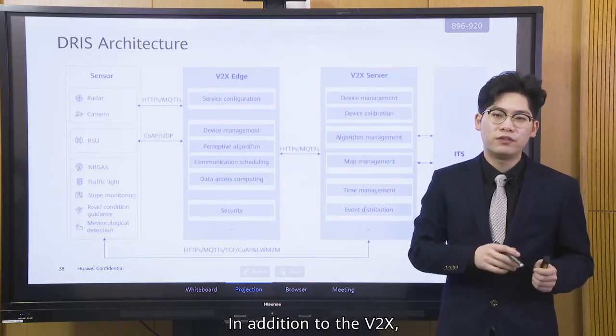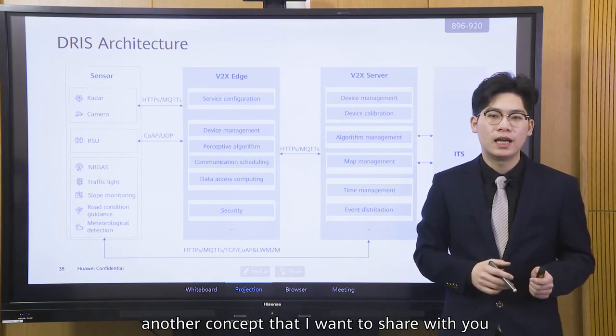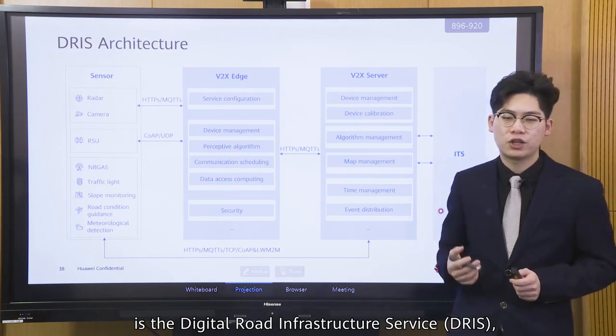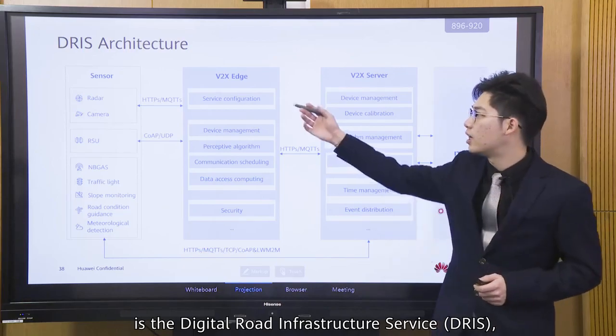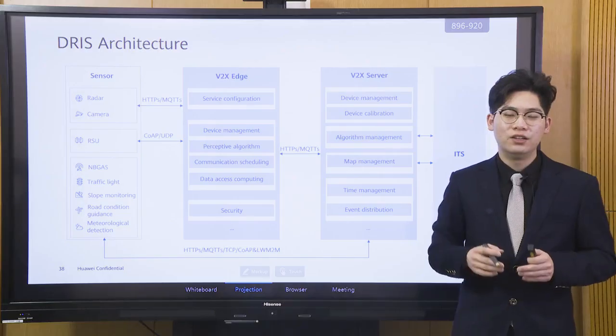In addition to the V2X, another concept that I want to share with you is Digital Road Infrastructure Service, which is DRRS, one of Huawei's IoT services in the automotive industry. DRRS focuses on the variety of roadside devices. DRRS includes services on the cloud side and the edge side.